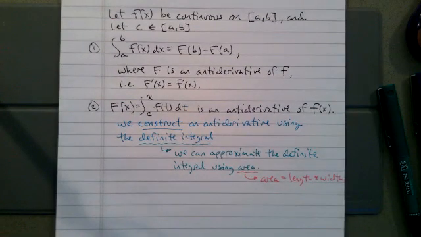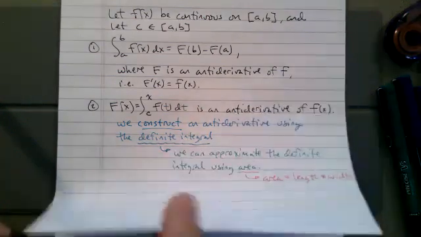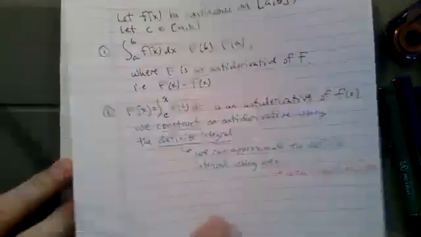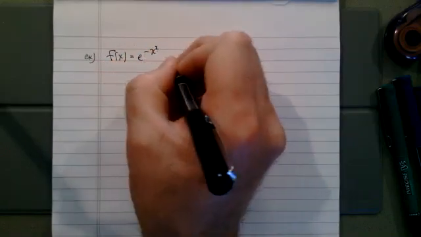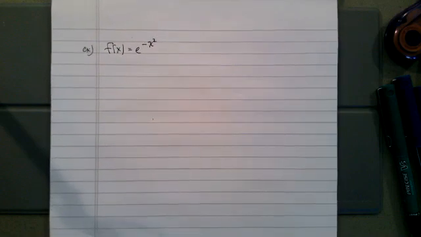Our classic example of a function with no nice antiderivative is little f of x is e to the minus x squared. This function does not have a nice antiderivative.